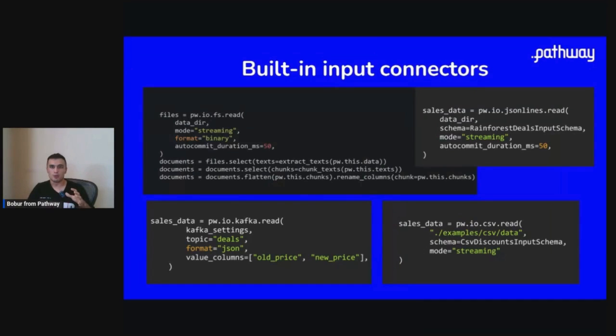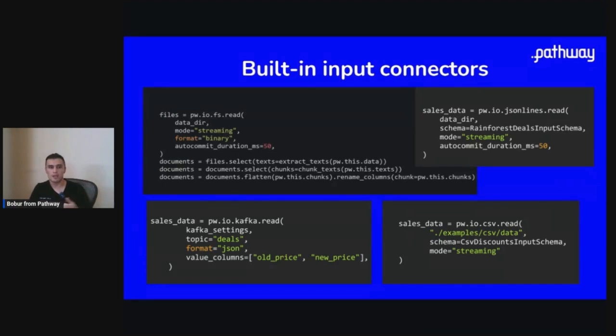You don't always have to write more code to ingest your data from supported data sources, as we have built-in input connectors. We support built-in connectors for reading unstructured data, structured data, semi-structured data, and also live data sources.